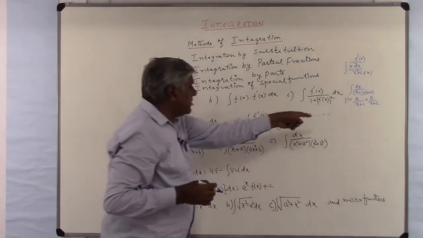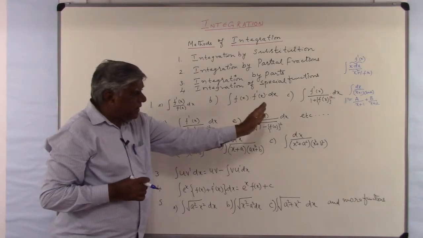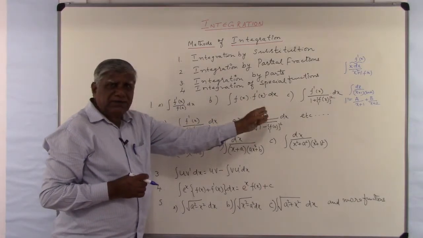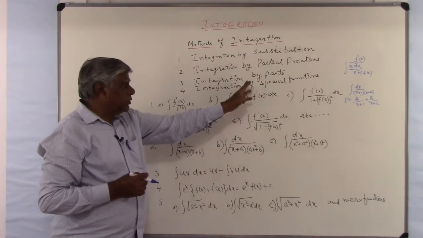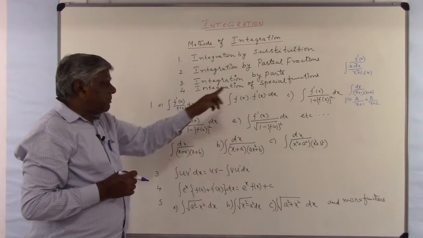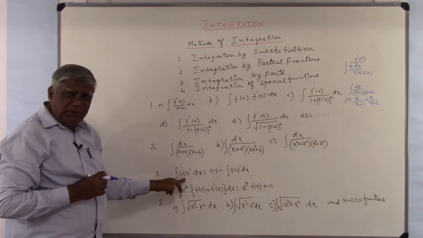We split this fraction. That is why it is called integration by partial fractions. We have split that fraction into two fractions and then proceed with the problems. We are going to do those problems. Now, integration by parts. Here, there is one standard formula for parts.